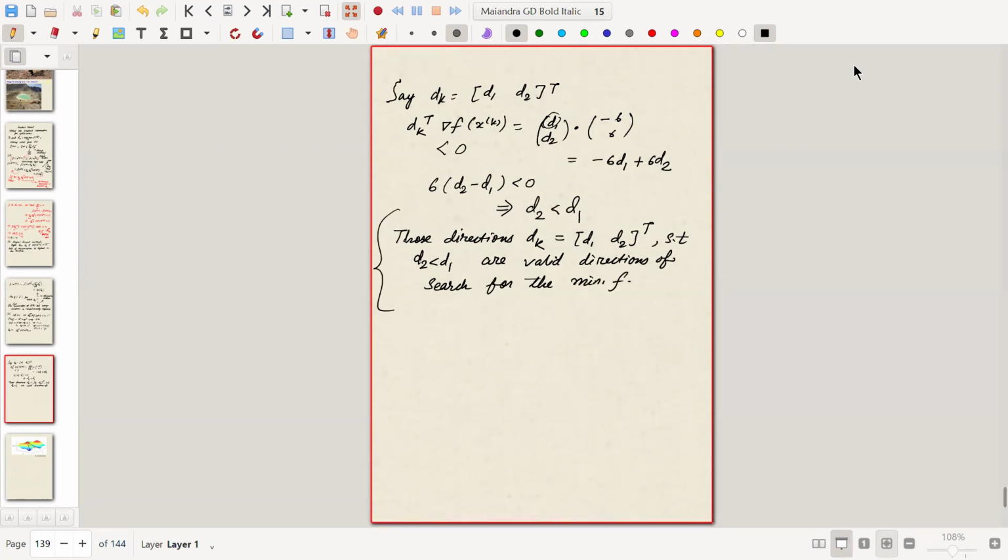So this is our interpretation, isn't it? So now you see, any d1, d2 you can't take.